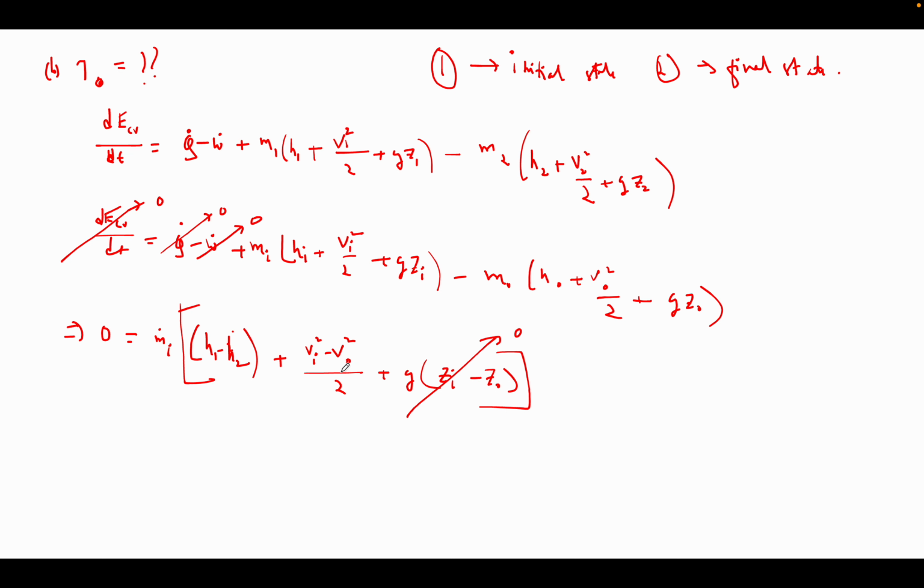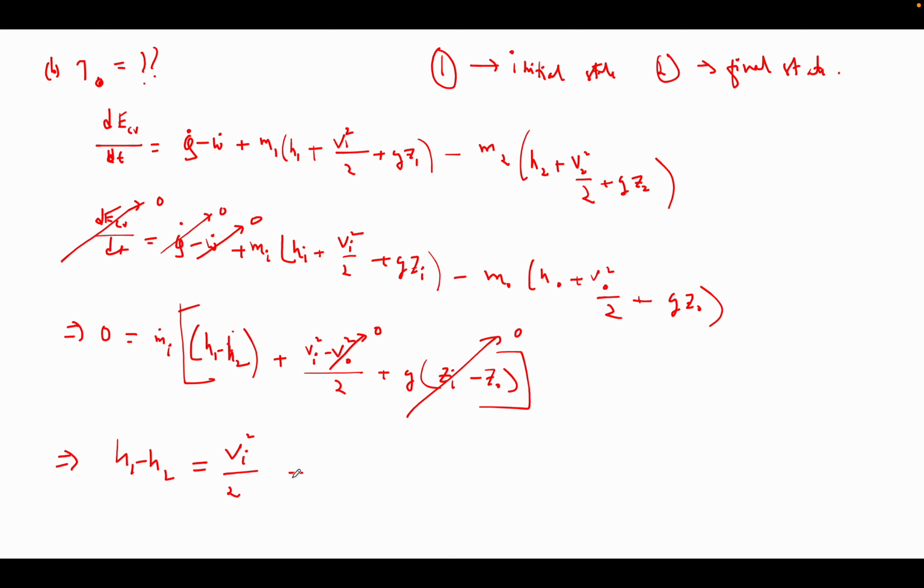Okay, and again what is given to us is that v0 is entirely negligible, so this will also be equal to 0, so this will leave us the final expression as h1 minus h2 will be equal to vi square by 2.